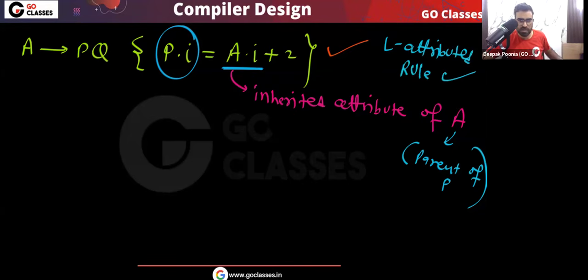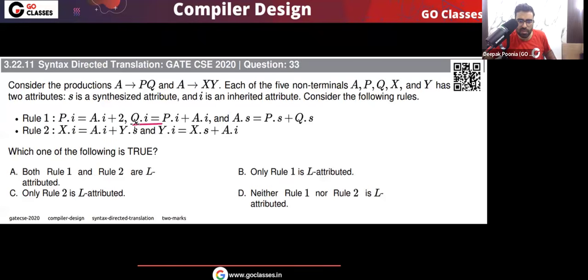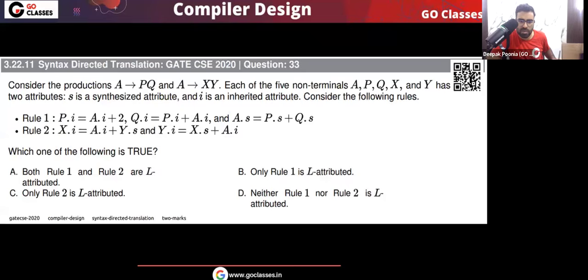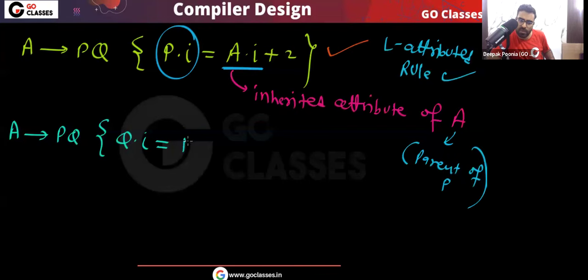Let's see the next. We have this rule Q.i = P.i + A.i. Here, Q.i, the i attribute of Q, is equal to P.i plus A.i. The question has already told us that i is an inherited attribute, but you can find it here also.